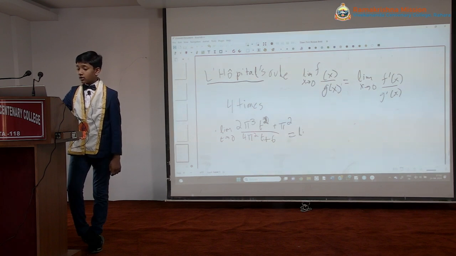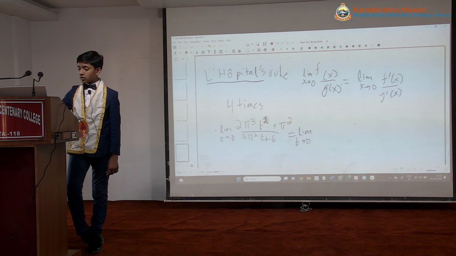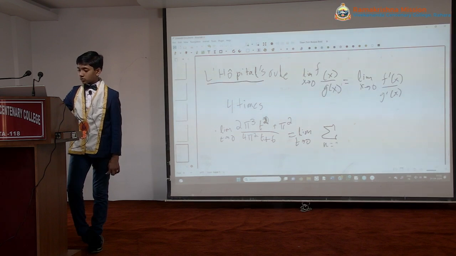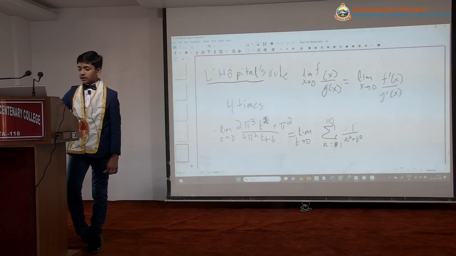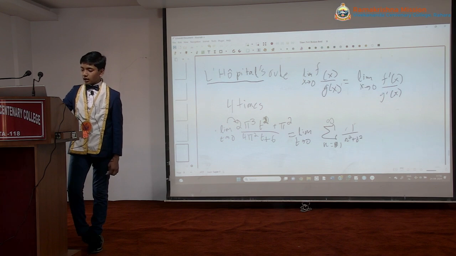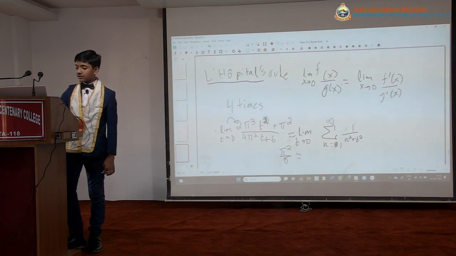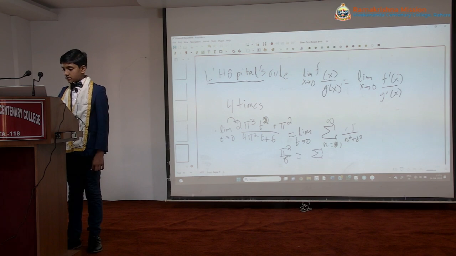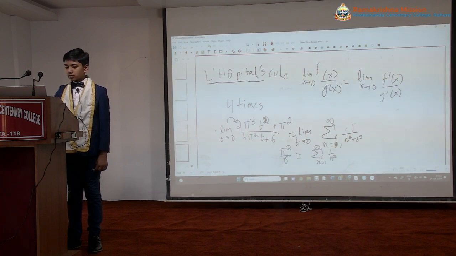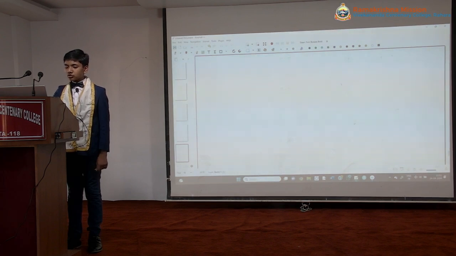So this is equal to the limit as t approaches 0 of the sum of n equals 0 to infinity of 1 over n squared plus t squared. Now we can actually plug t equals 0 into this without getting 0 over 0 back. So we get pi squared over 6 is equal to the sum of n equals 1 to infinity of 1 over n squared. Alright. So now we've explored strictly convergent series.